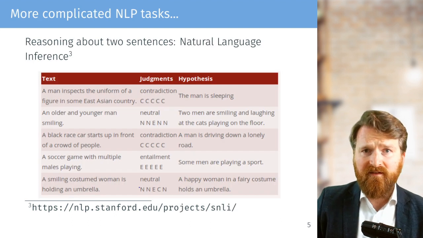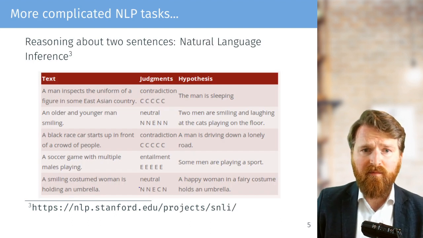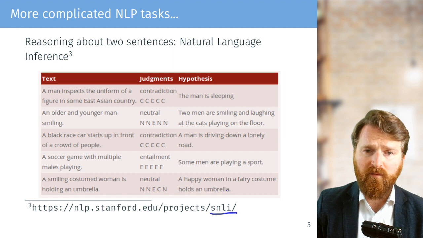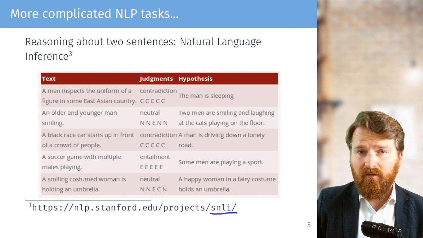However, it doesn't stop at the sentence. There is a very popular NLP task called natural language inference, NLI, with a very famous corpus now called SNLI, the Stanford Natural Language Inference Corpus. The task goes as follows.